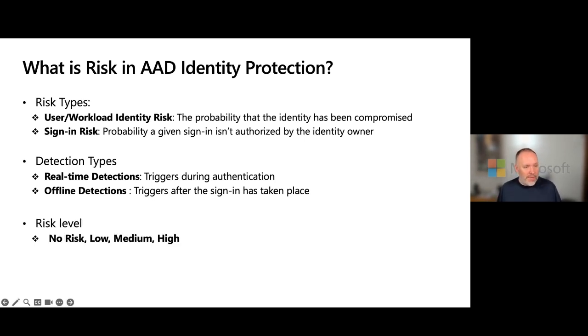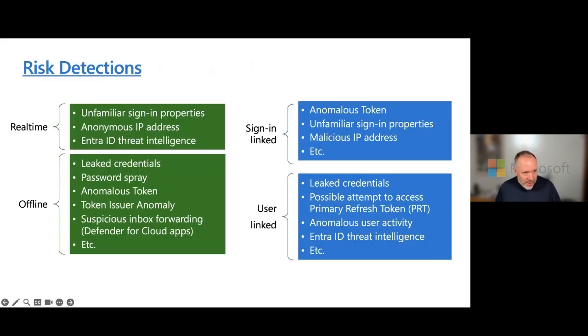We classify the risk levels as no risk, low, medium, and high, and you can then use that in your conditional access policy to write rules around it. So when we look at the risk detections, real-time risks are things like unfamiliar sign-in properties, anonymous IP addresses, etc. Think, for example, if I were to use a Tor browser that gives me an anonymous IP address, that will be a real-time risk used when I'm signing in, and it could affect a specific response.